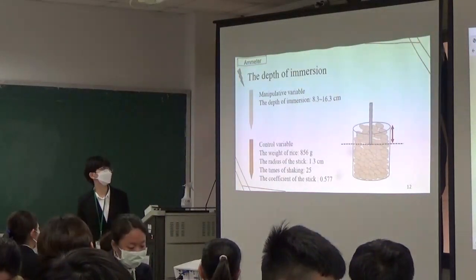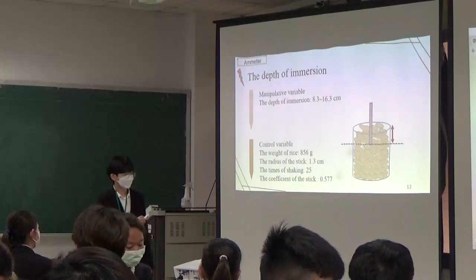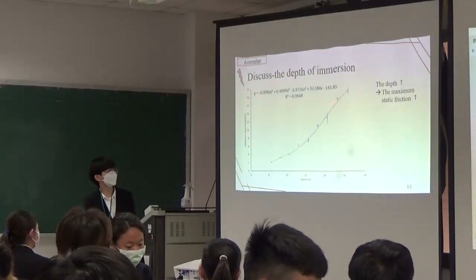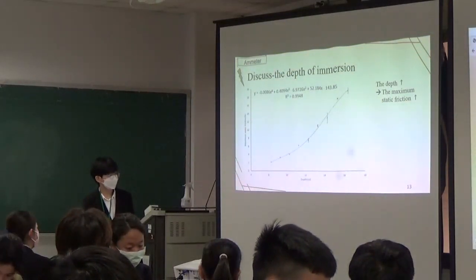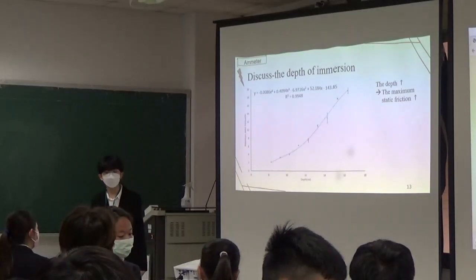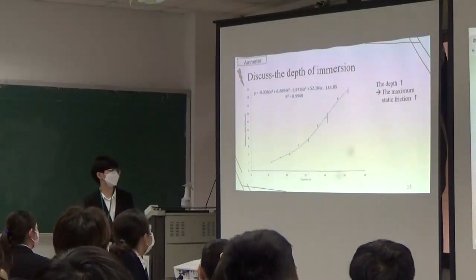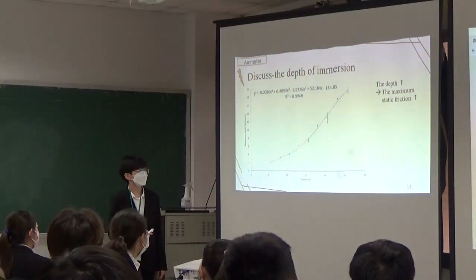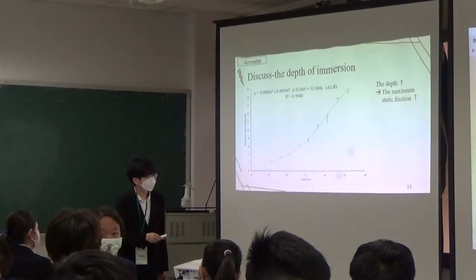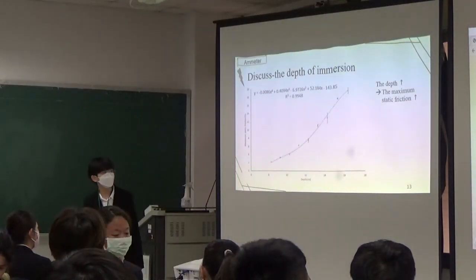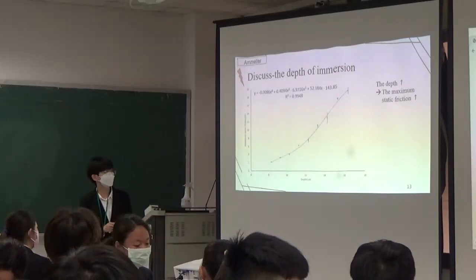And first, we change the depth of immersion. For this graph, the x-axis is the depth of immersion, the y-axis is the maximum static friction. So when the depth of immersion increases, the maximum static friction also increases.